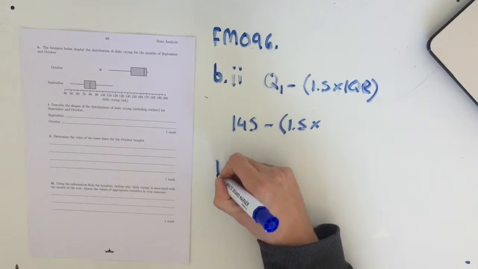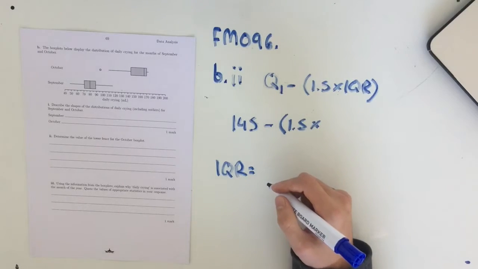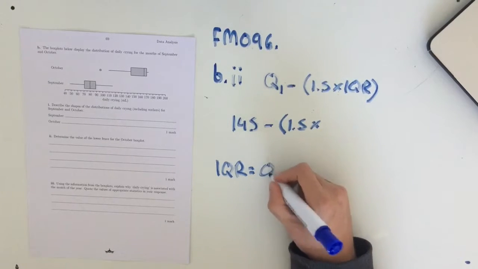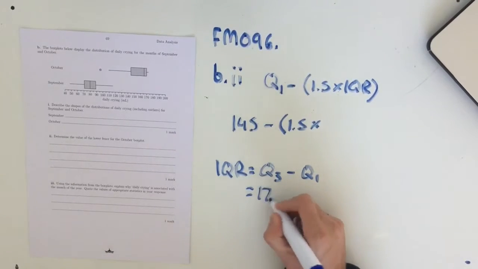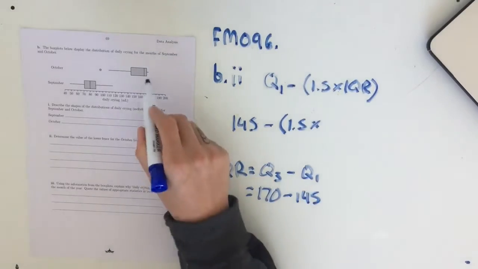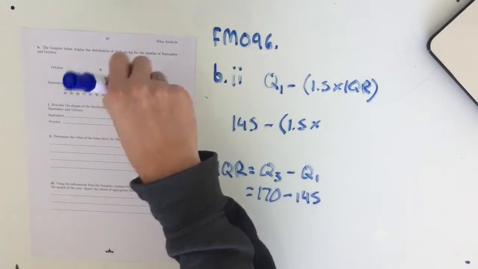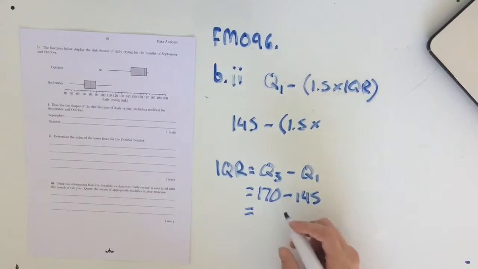To calculate the interquartile range, that's Q3 minus Q1, which is 170 minus 145, just going off the box plot here. Once again, guys, we'll have more accurate versions of these for you. And that's equal to 25. So our IQR is 25.